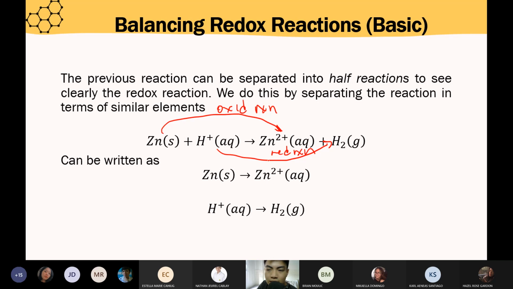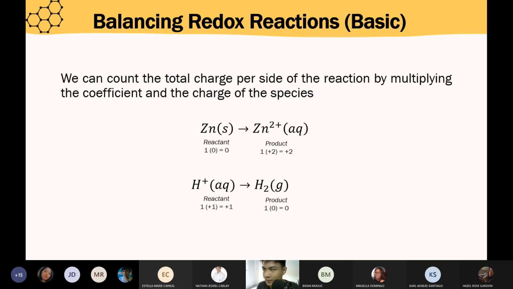Pag-iwalay mo lang sila ng reaction. Zinc to Zn2+, ito yon. H plus to H2, ito yon. So, ganun yung ginagawa sa redox usually. The oxidation reaction is split from the main equation, and the reduction reaction is also split from the main equation. So, pag-iwalay mo siya, yung isang equation magiging dalawa.